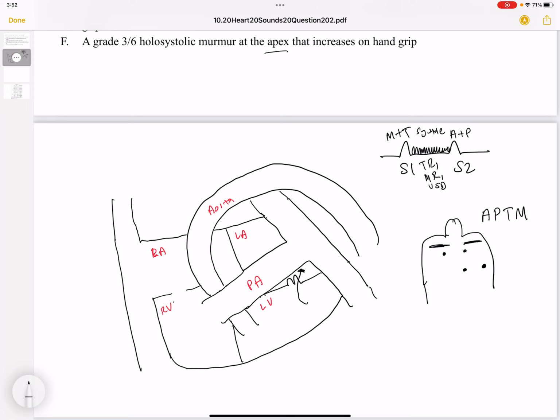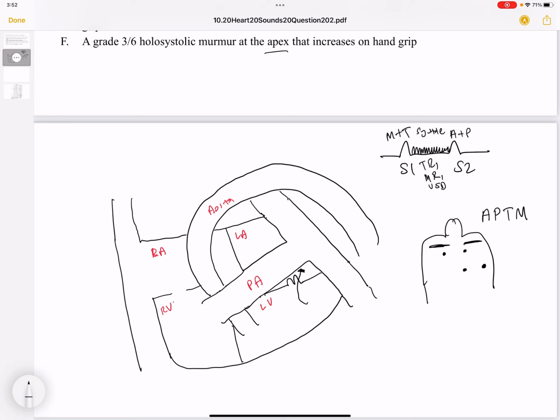Now the reason why this murmur is going to increase on hand grip is that hand grip is going to increase systemic vascular resistance, which is correlated to the afterload. So if it is harder for the left ventricle to get rid of blood, then that is going to result in more blood accumulating within the left ventricle.